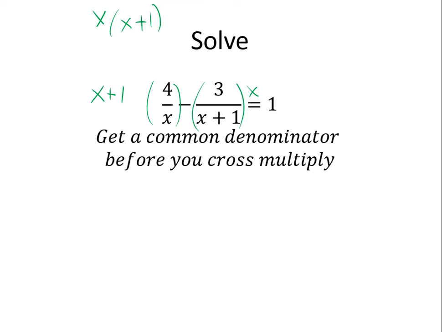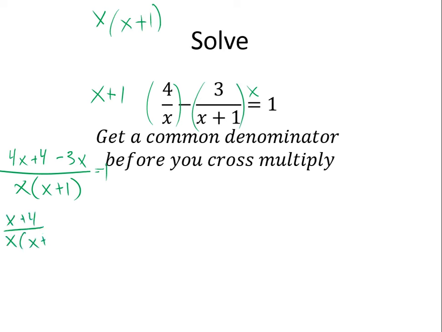All we want to do is just focus on one side of the equal sign. Now once we have this, multiply it in, getting us a 4x plus 4. And then we're going to subtract that by 3x, and that's all over x times x plus 1. And then that equals 1. Combine like terms, giving us an x plus 4, all over x times x plus 1. That equals 1. From here we can cross multiply, because 1 is the same as saying 1 over 1.